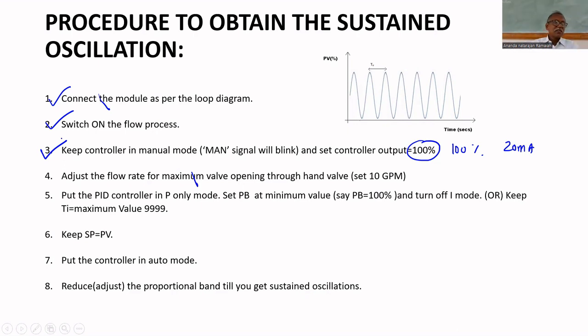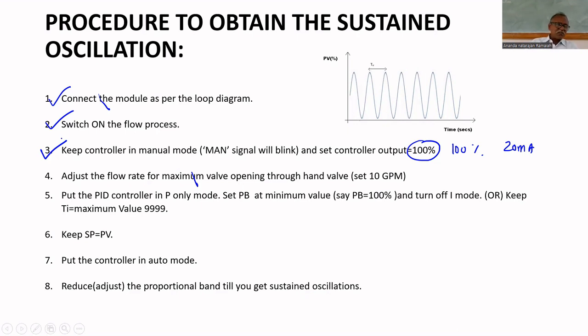Turbulent flow means some bubbles will come, and the DPT will not give the correct value. For laminar flow only it will give. Up to 70% it gives laminar flow. That's why for 70% the flow rate will be made 100%.